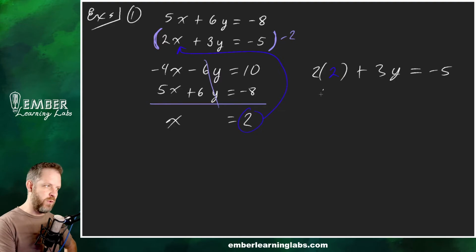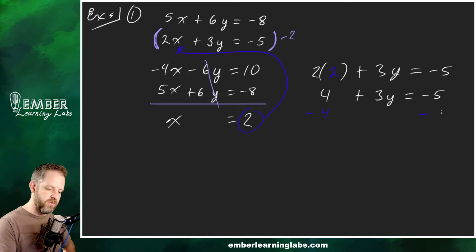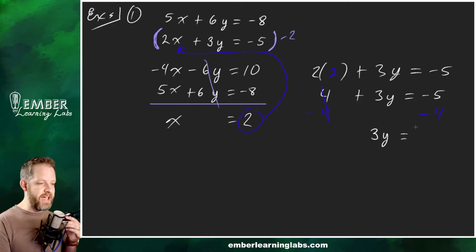2 times 2 is 4, plus 3y. We're going to bring down what we haven't touched, -5. We're going to subtract off this 4 because it's positive. So to get rid of it, we're going to subtract it. It's positive and it's at addition subtraction, right? Because the 3 is also positive, but we're going to divide it off in a minute. -5 minus 4, the signs are the same, so we add and keep the sign.